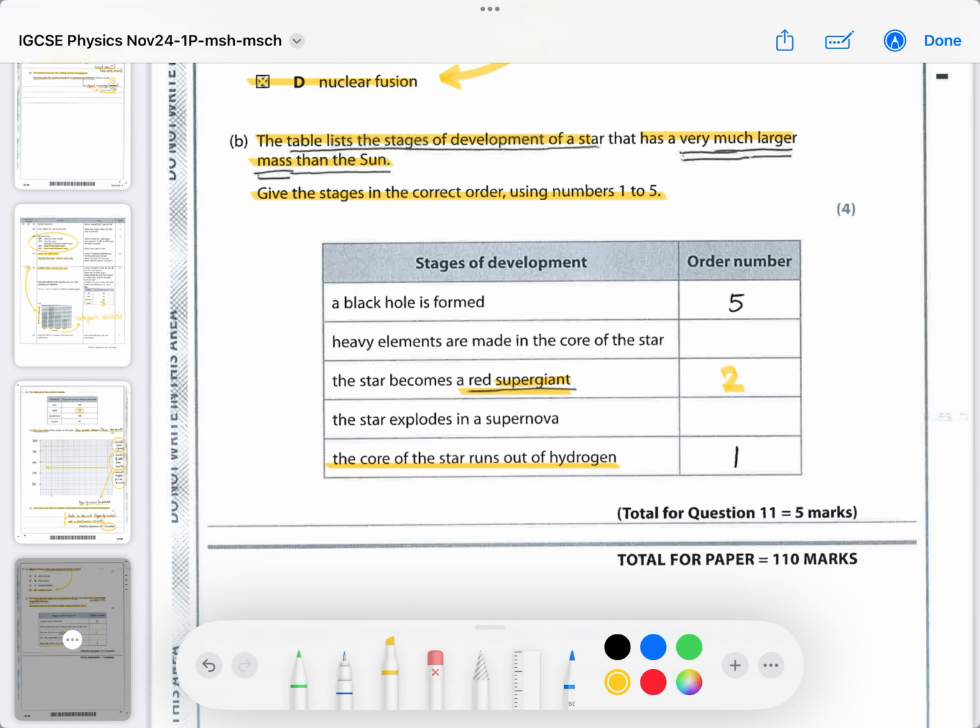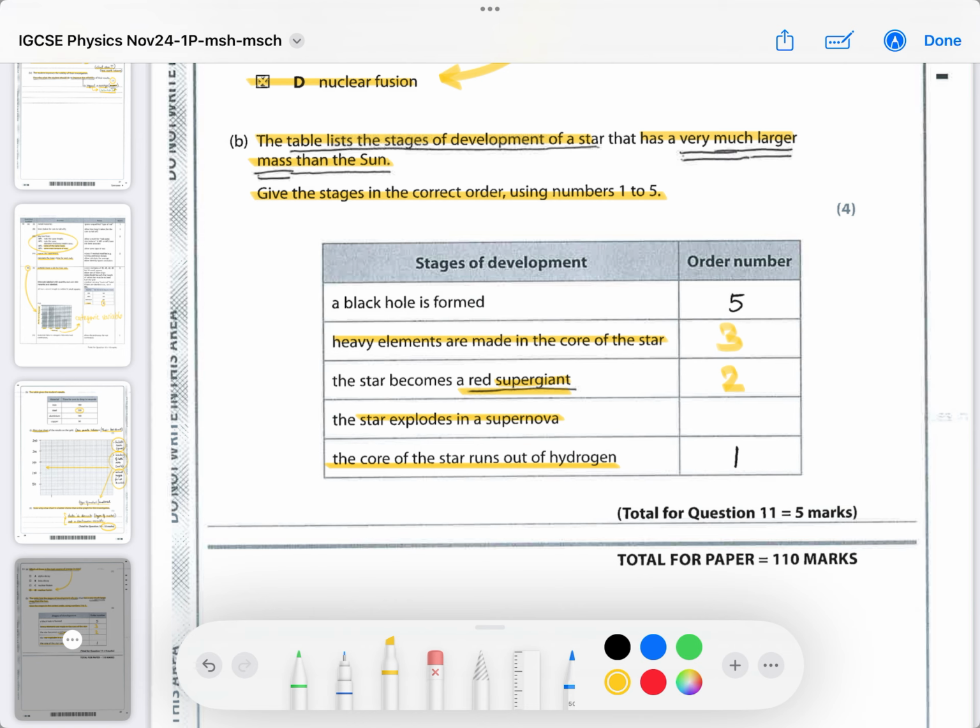Number 3, heavy elements can then be formed in the core of the star during the red giant phase, and then when it runs out of fuel completely, the star will explode due to a sudden drop in pressure in the center. So it sucks itself back into the middle.